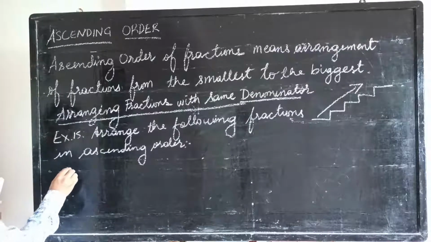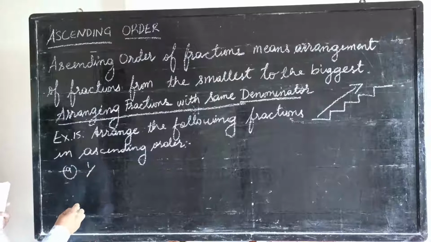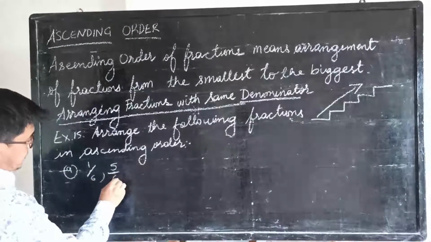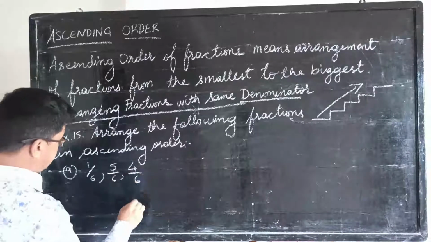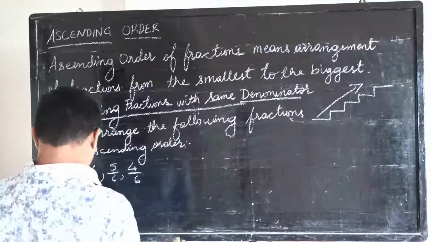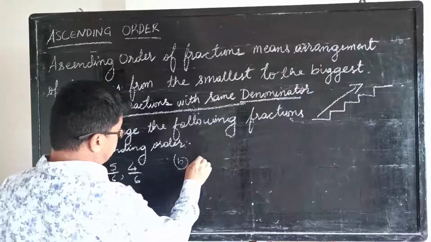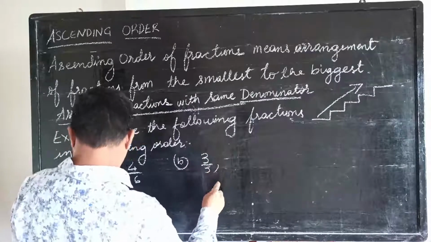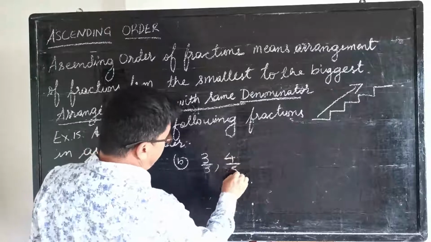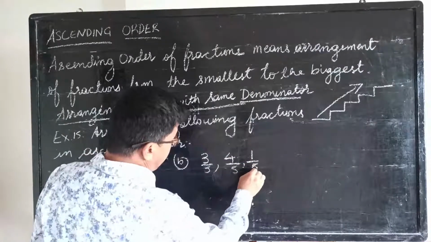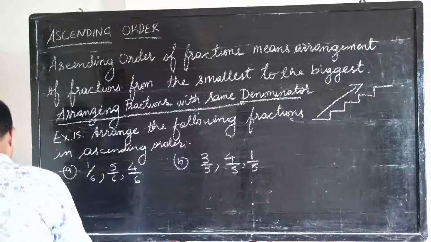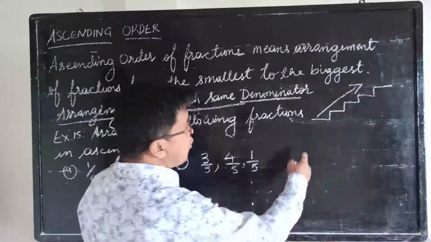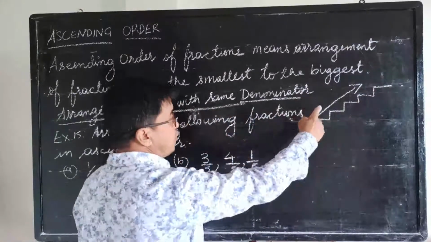Now, A is 1 upon 6, 5 upon 6 and 4 upon 6, and B is 3 upon 5, 4 upon 5 and 1 upon 5. Ascending means from small to big.